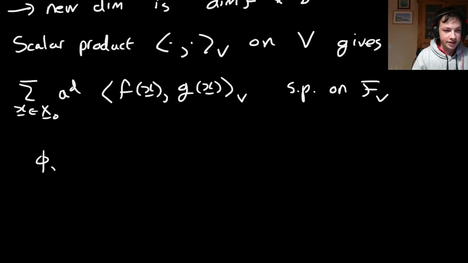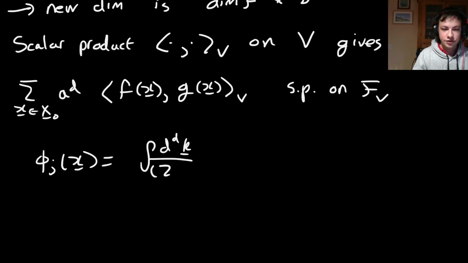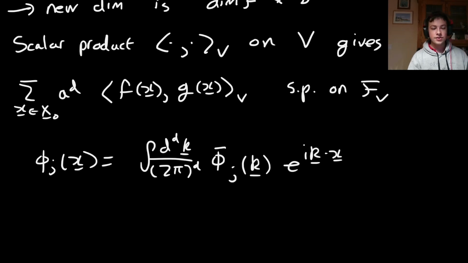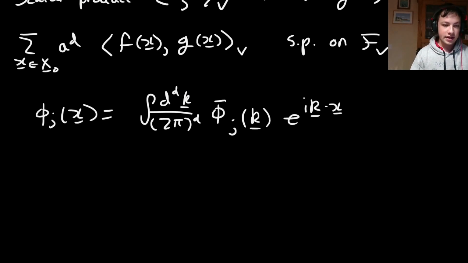And basically we just get φ_j(x) is the integral d^d k over (2π)^d of φ̄_j(k) e^(ik·x). So there's no mixing between these j components by the Fourier transform.